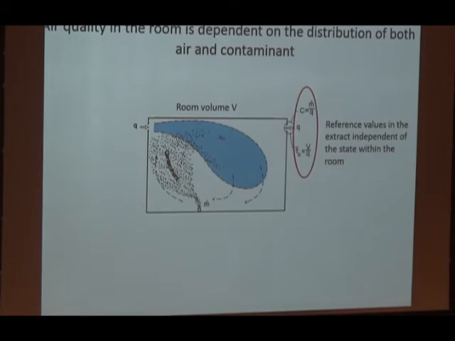Okay, now let's talk a little about ventilation efficiency. Air quality in a room is dependent both on how the room air is distributed and how the contaminant in the room is distributed. And these are some reference values.